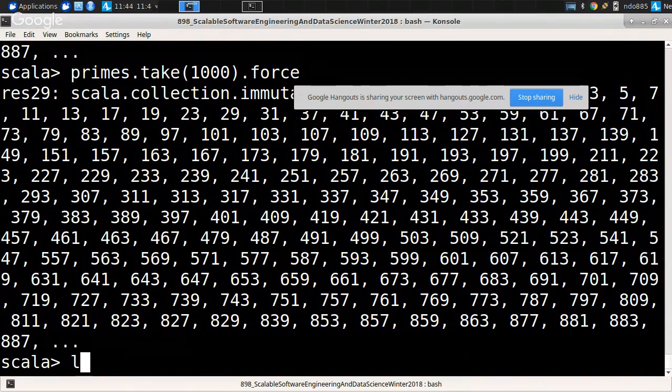Now this one uses, as I alluded to, special finesse in Scala. Lazy values. Lazy prime stream.